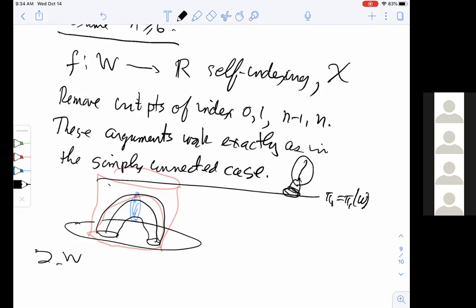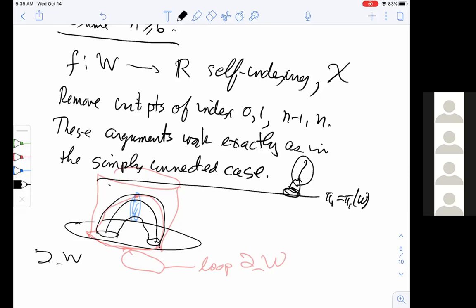I need to make this guy trivial. Well, okay, I connected the two ends here by a path, and then I push it up, I get an element in the fundamental group of W, which is the same as the fundamental group of boundary minus W. I want that element to be trivial. Well, no reason that it is trivial, but I'm free to vary it by any loop in boundary minus W.